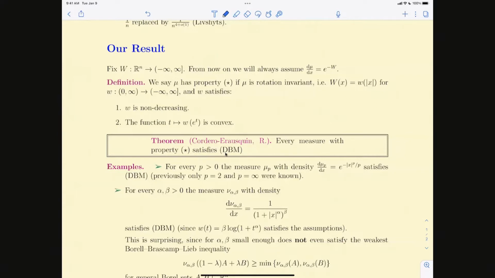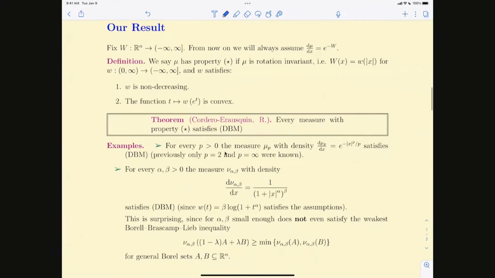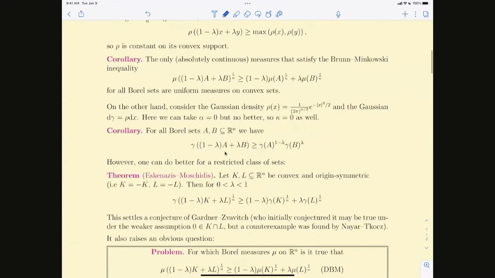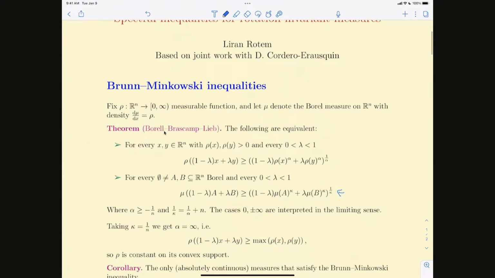So they also satisfy dimensional Brunn-Minkowski, which actually was a big surprise for us because we talked a moment ago, right? I will go up for a moment about this Borell hierarchy of concave measures. And these measures are not in this hierarchy, right?